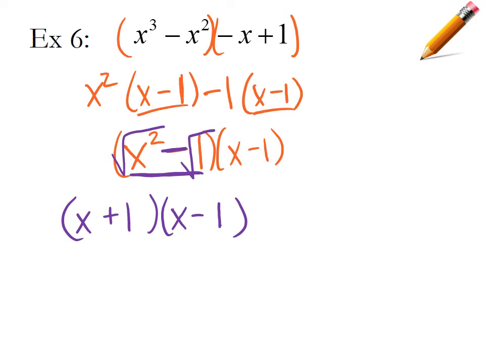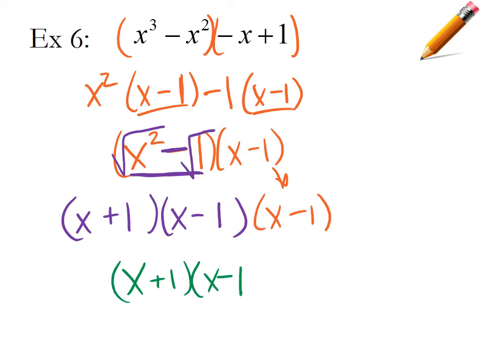And then bring down that factor we haven't used of x minus 1. Now here you'll notice I have x minus 1 twice. If you want to write it as twice, meaning write it as the quantity of x minus 1 squared, I'm okay with either way of writing that solution.